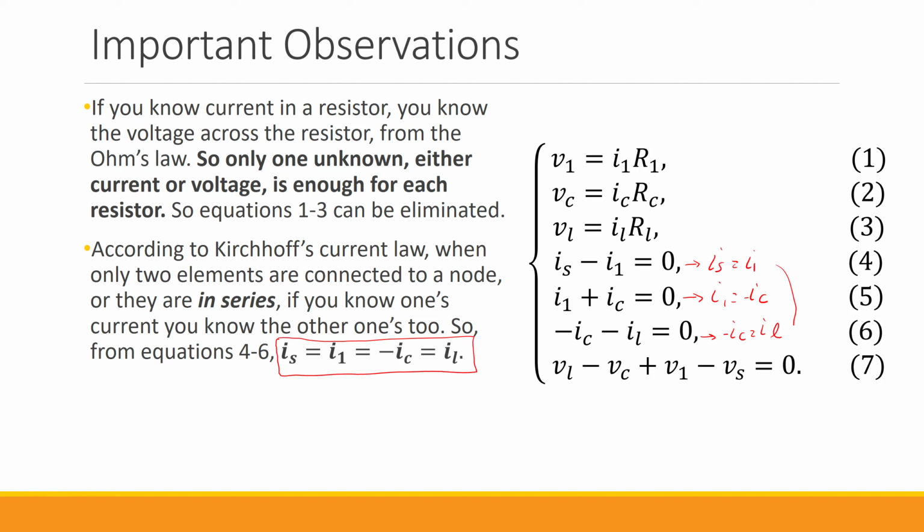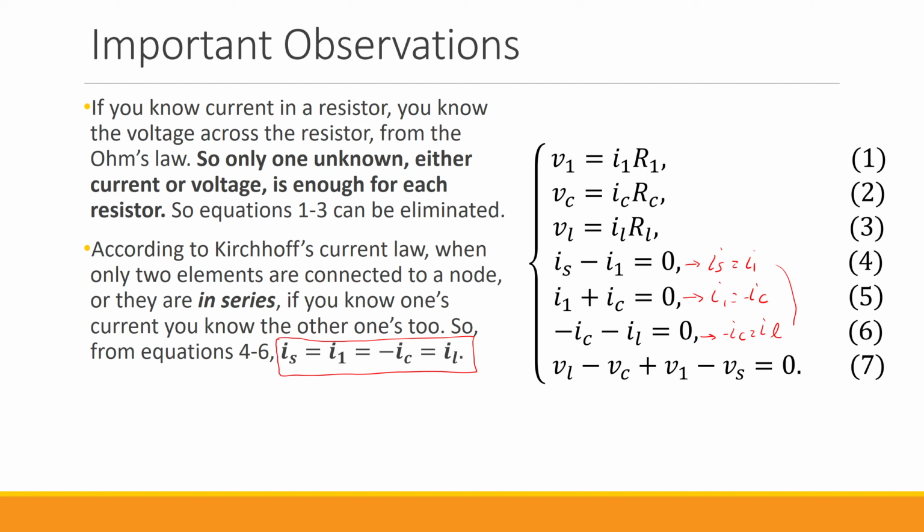So all of these 3 equations are basically giving us this result: if you only consider one variable, one unknown, we can easily find out the value for the other ones.